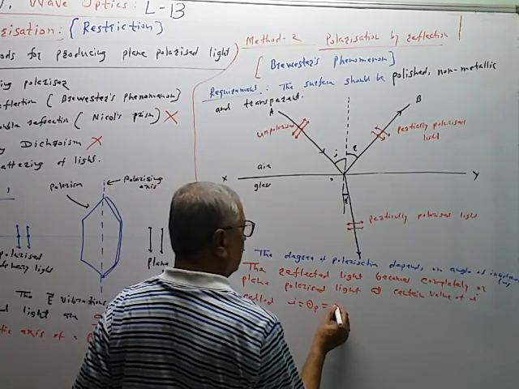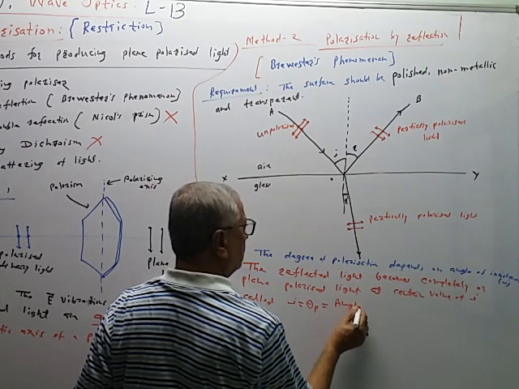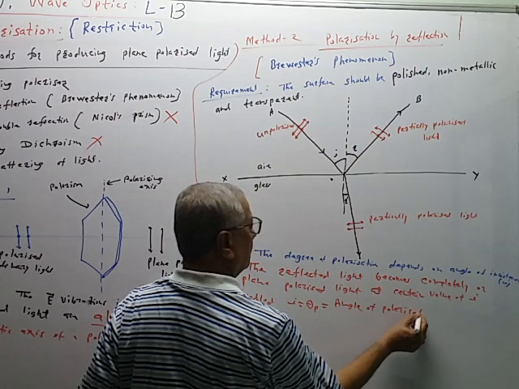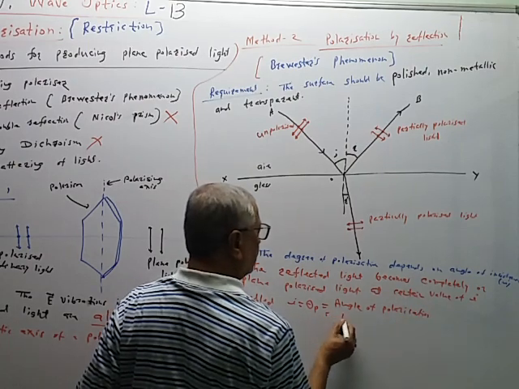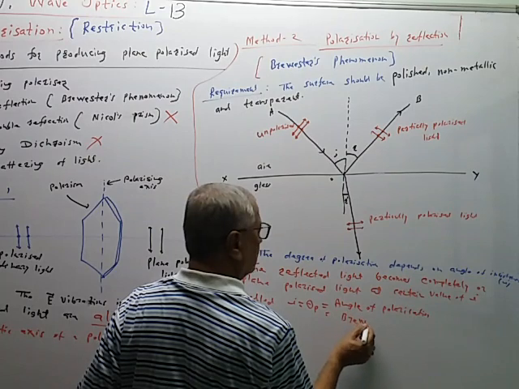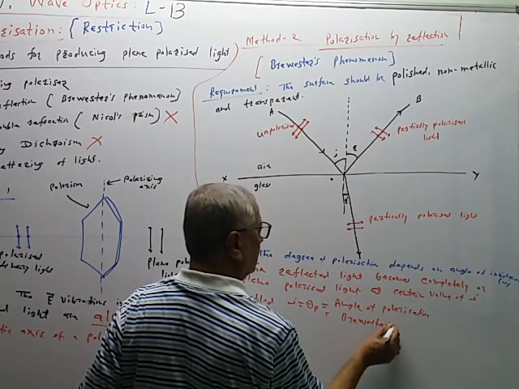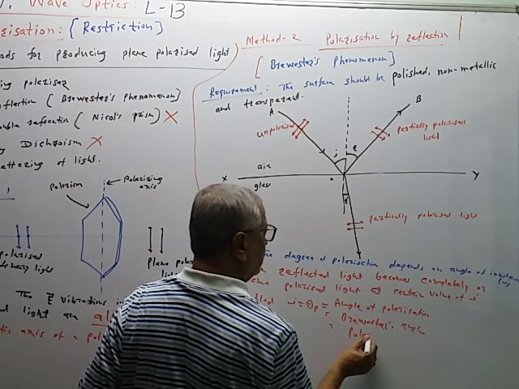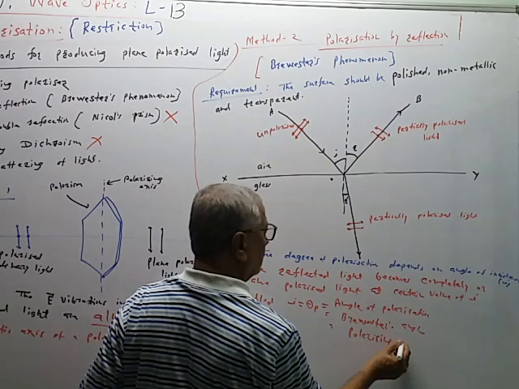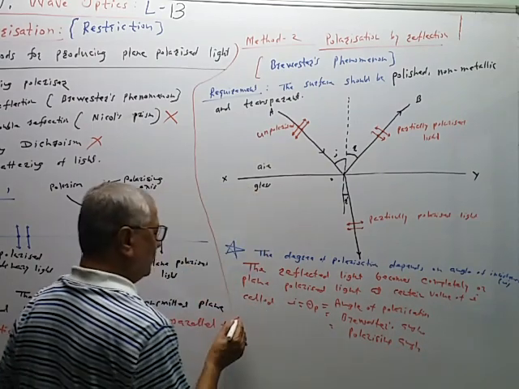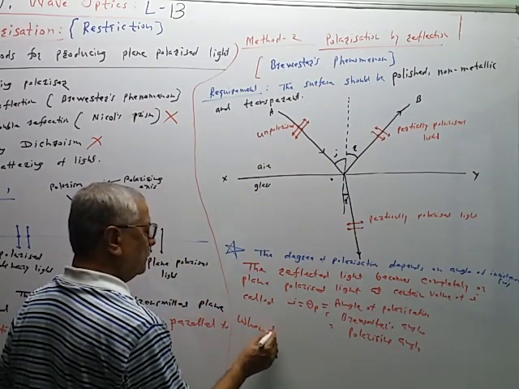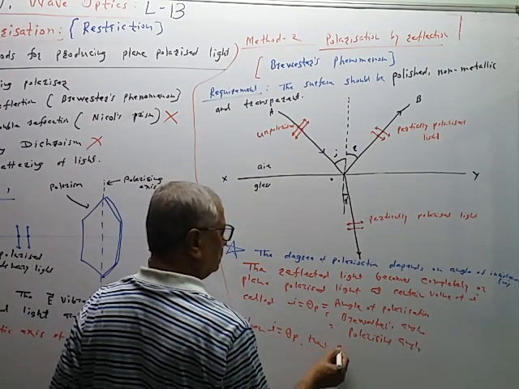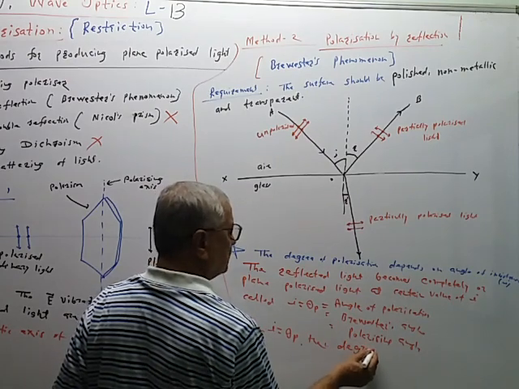Theta p is the angle of polarization, also called Brewster's angle, or the polarizing angle. When I is equal to theta p, then the degree of polarization becomes maximum.